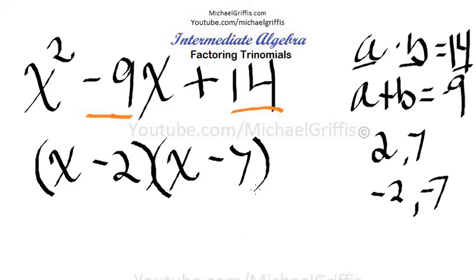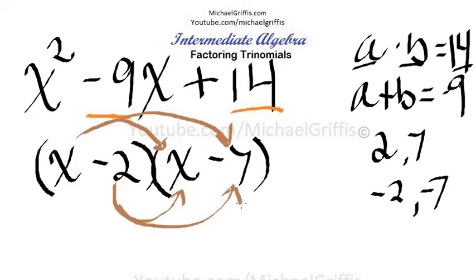So we know how to multiply both these together. We multiply the x times this x, and then x times negative 7, negative 2 times x, and negative 2 times 7. And then once we simplify, we should be getting back what we started with, right? So let's just look.